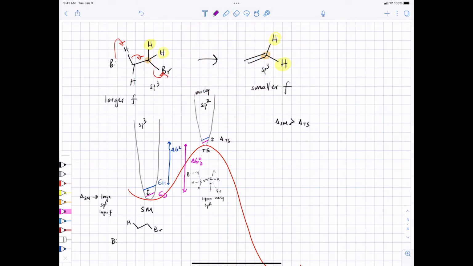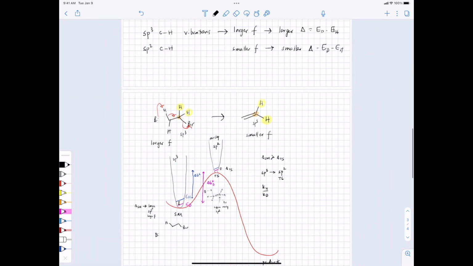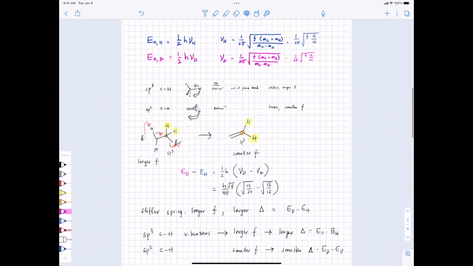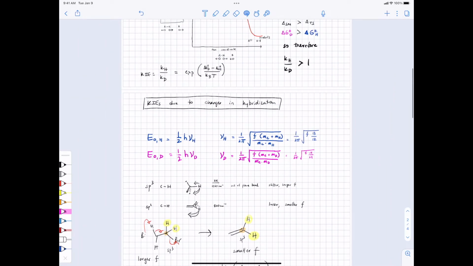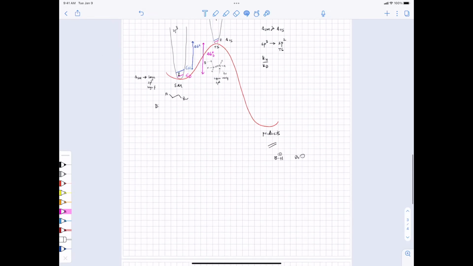So for a process that involves rehybridization from sp3 to sp2, where it's mostly sp2 in the transition state, we're going to expect a kinetic isotope effect, again using our math from before.